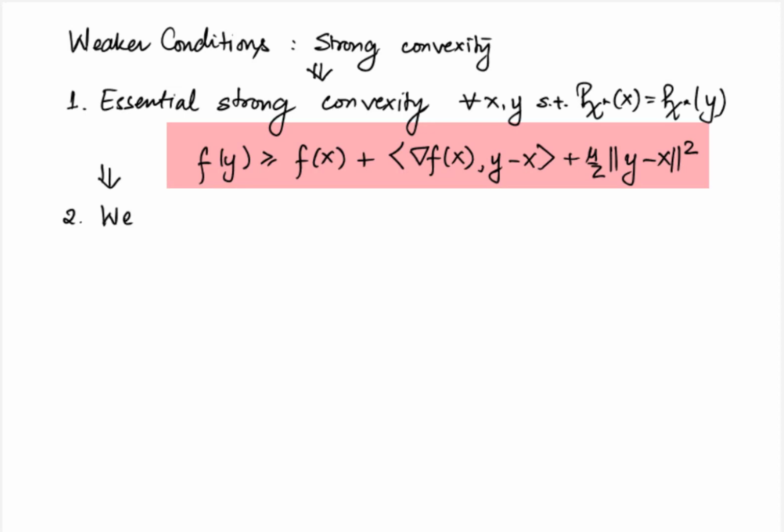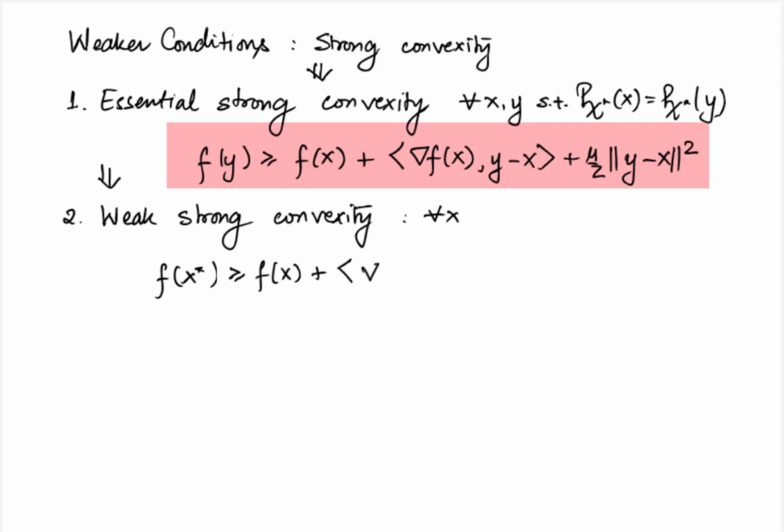Next, we have the weak strong convexity, which is that for all x, we have f of y is greater than or equal to f of x plus inner product of gradient f of x, comma projection of x onto calligraphic X star minus x, plus mu by 2 times the square distance between x and the set calligraphic X star.